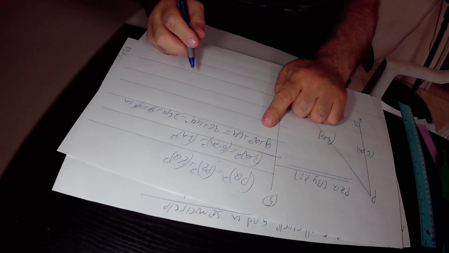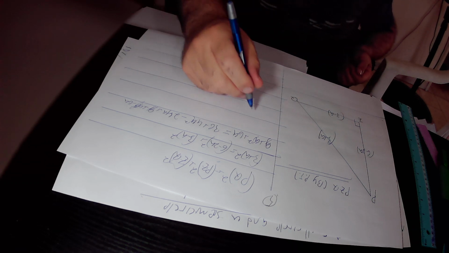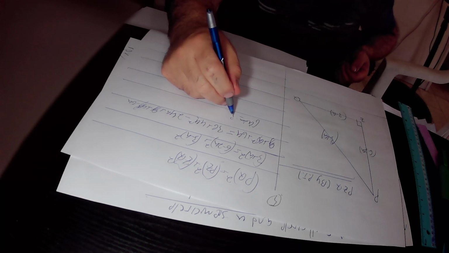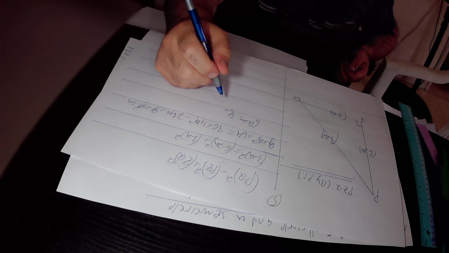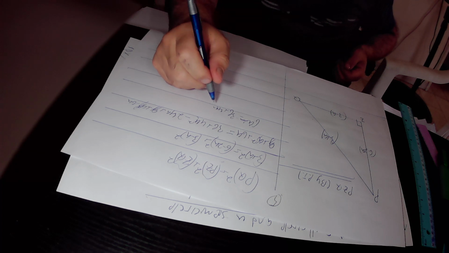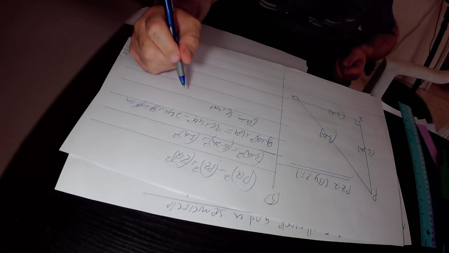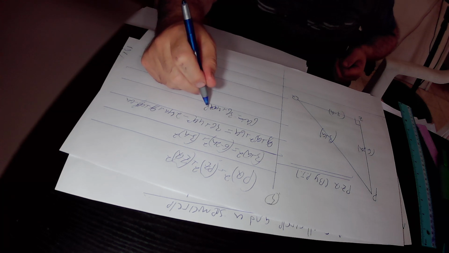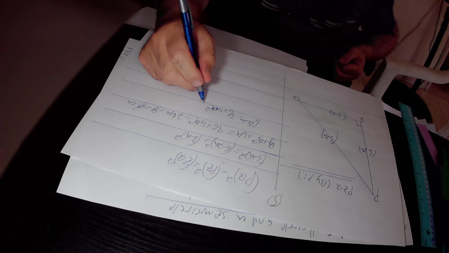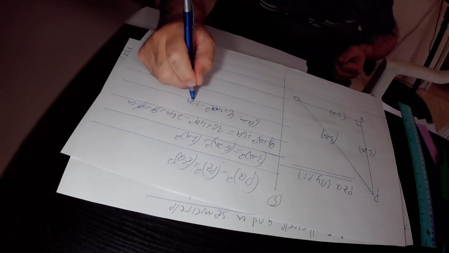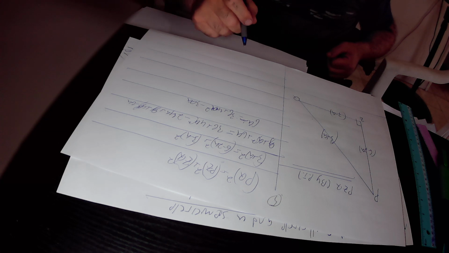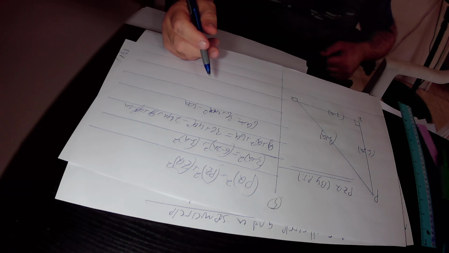After cancelling those two expressions, on this side of the equation we have only 6a. On the other side of the equation we have 36 plus 4a squared, minus 24a minus 6a, which is minus 30a. So we found that 6a equals 36 plus 4a squared minus 30a.